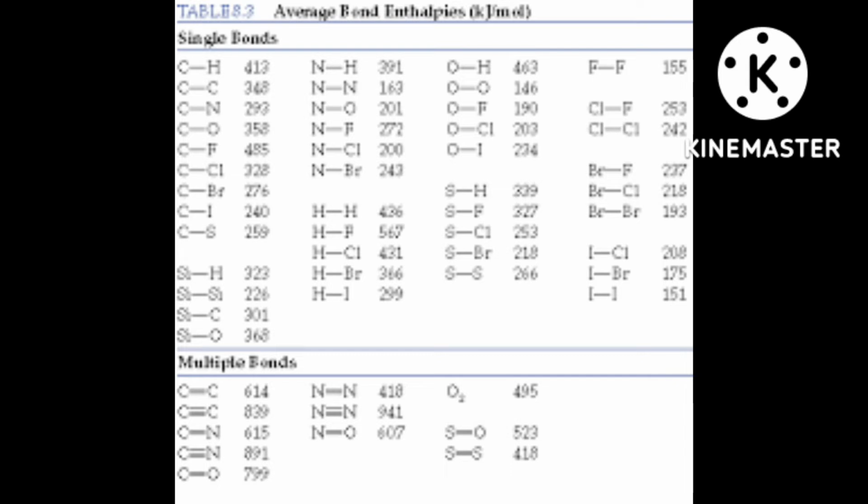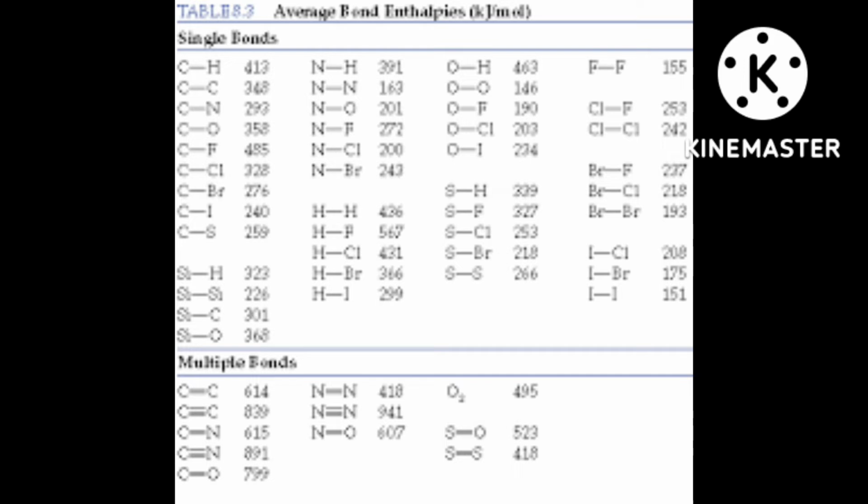The enthalpy change involved in this process is the bond dissociation enthalpy of the H-H bond. H2 is dissociating, meaning the H-H bond is breaking, correct? And it is converting to atoms in the gaseous phase. Okay, this is also called bond dissociation energy.